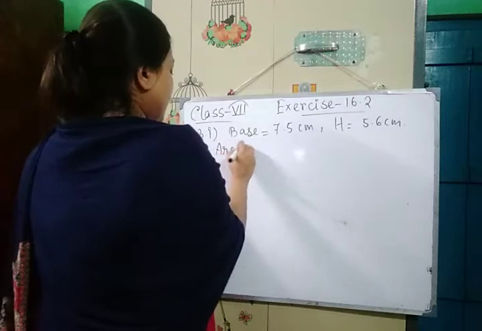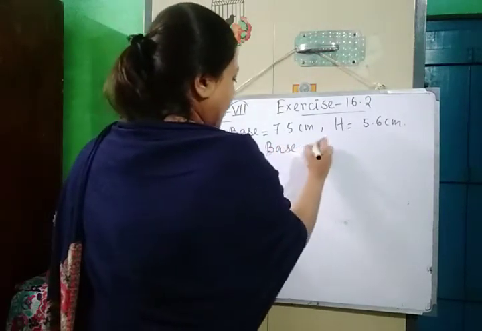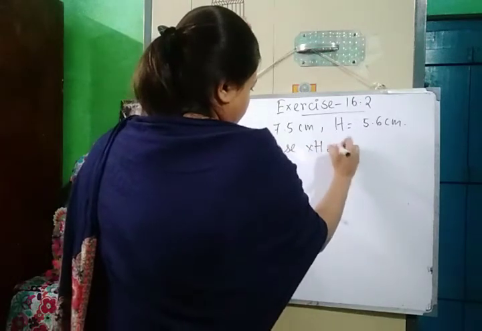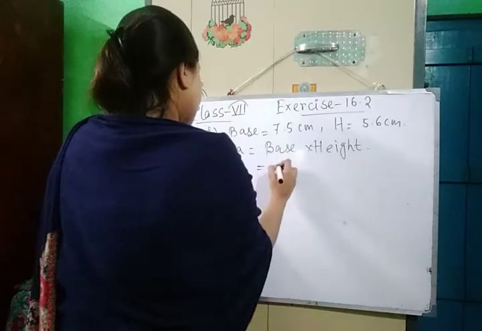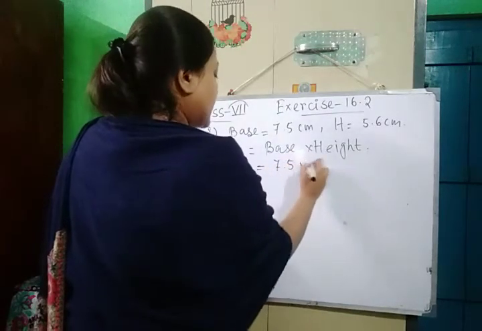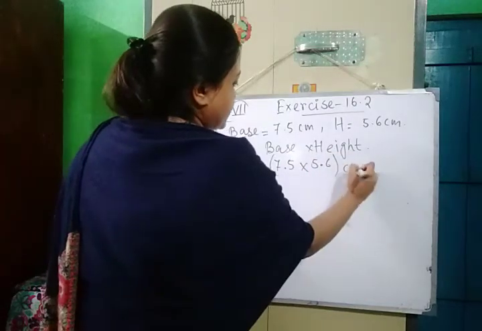So area of the parallelogram, just you need to write the formula, that is base into height. So base is 7.5 and height is 5.6 and the unit will be centimeter square.